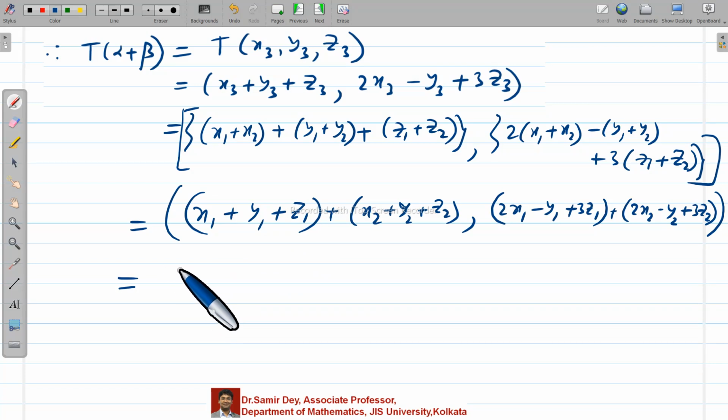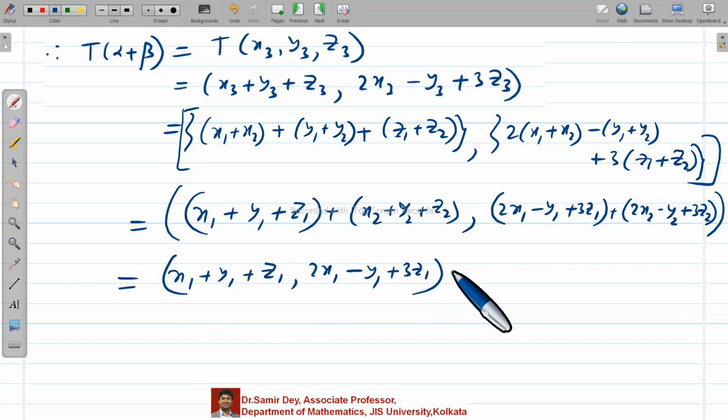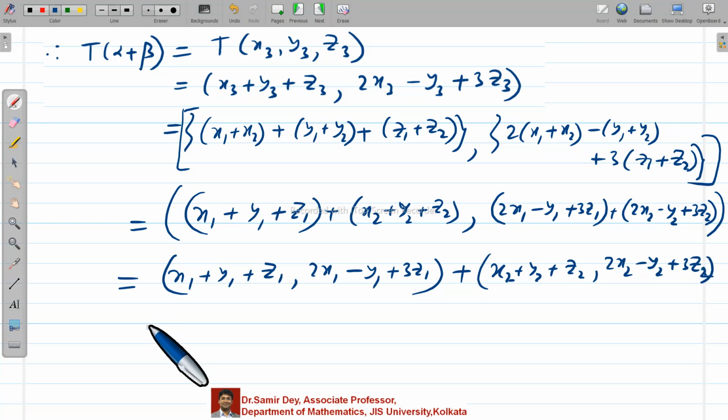So from here we can write (x1 + y1 + z1, 2x1 − y1 + 3z1), that is first component comma second component, plus (x2 + y2 + z2, 2x2 − y2 + 3z2). Clear? So now from here it is clear. This, what is this?